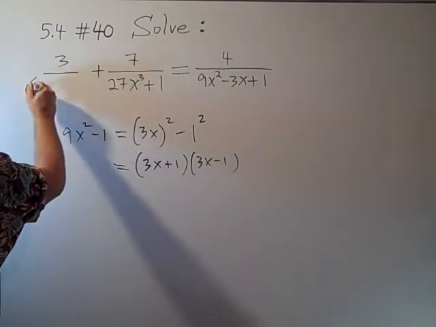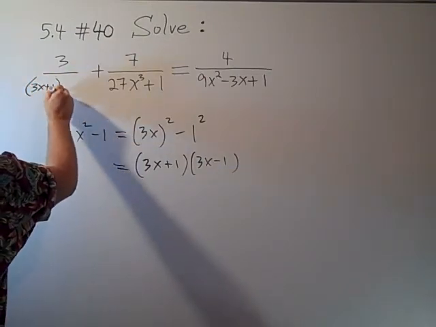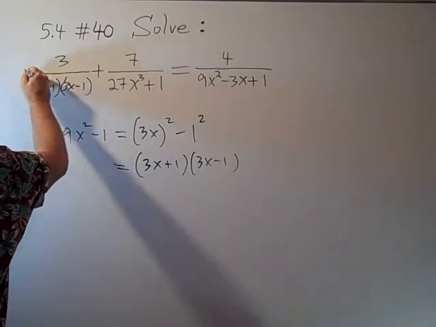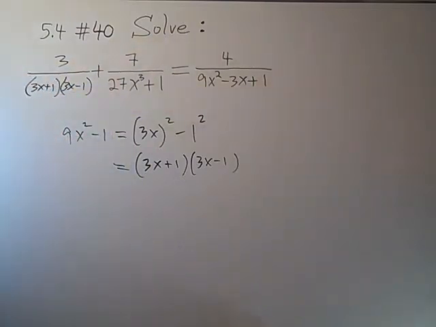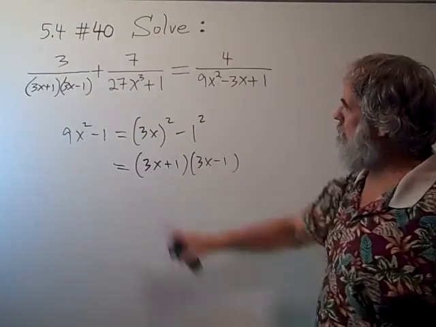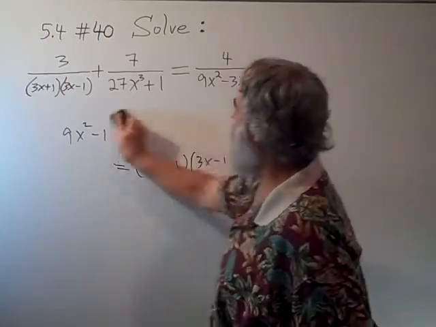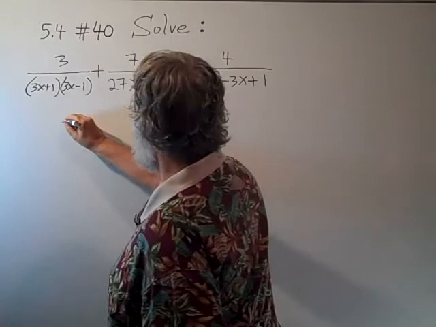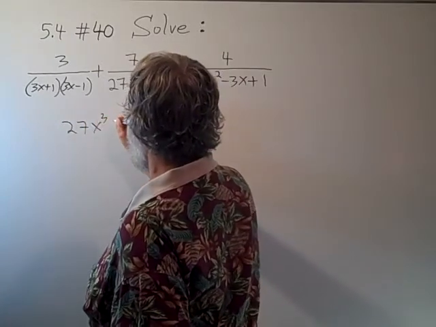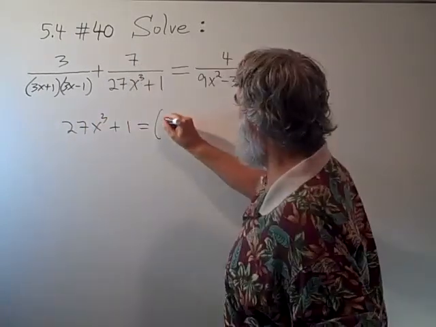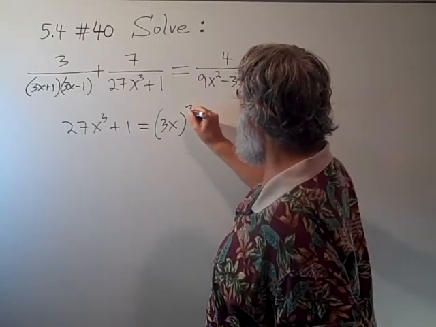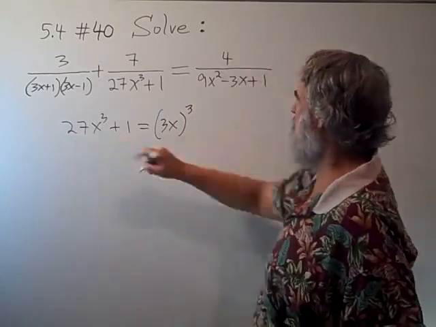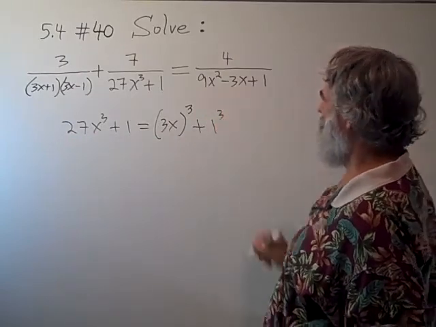So we have 3x plus 1 times 3x minus 1. Now looking at the second denominator, that looks like it might be the sum of two cubes, because 27x to the third power plus 1 can be thought of as 3x to the third power, 3x times 3x times 3x is indeed 27x cubed, plus 1 cubed.